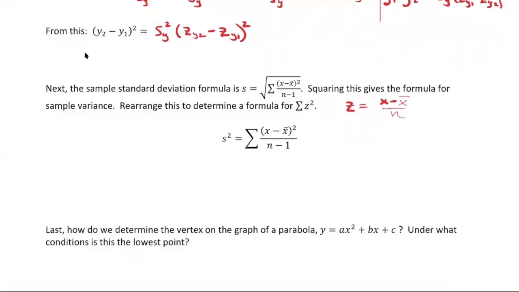So first of all, if I write s squared as the sum, yeah, there's a typo in the formula. First time I've noticed this in forever. And I don't think it makes a difference. But so we have the sum of x minus x bar squared, that is over n minus 1.